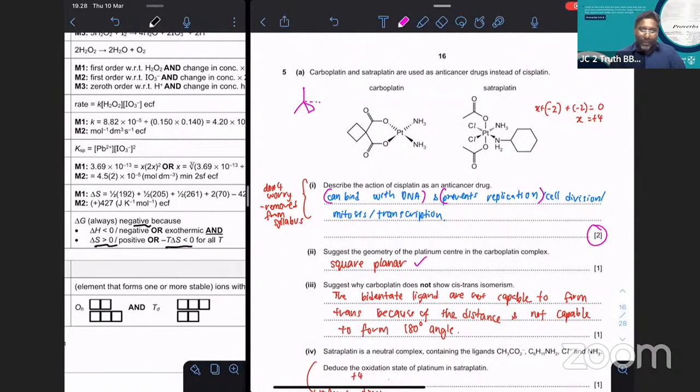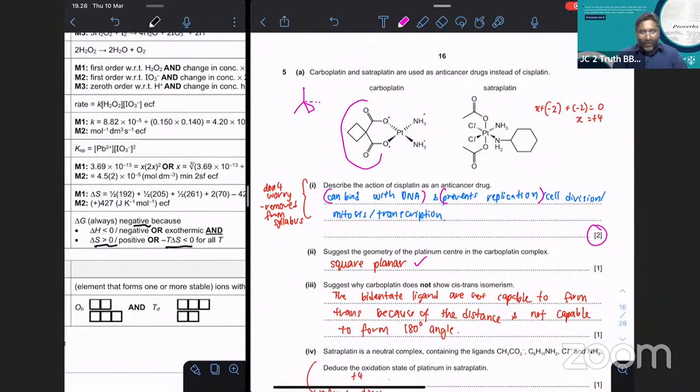Now, suggest why carboplatin does not show cis and trans isomerism. If you want to show cis and trans isomerism, this ammonia and this ammonia are side by side, this is cis. But if you want to have trans, then the ammonia must come over here, opposite. The problem is not the ammonia, the problem is this particular molecule, this O, which is supposed to come over here.